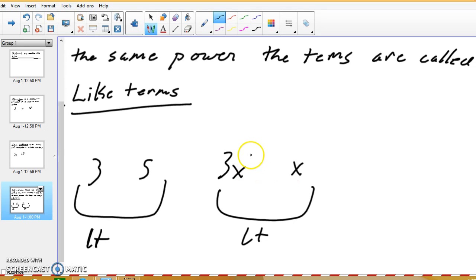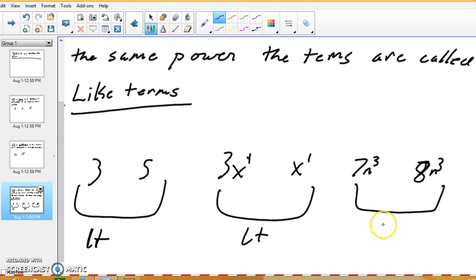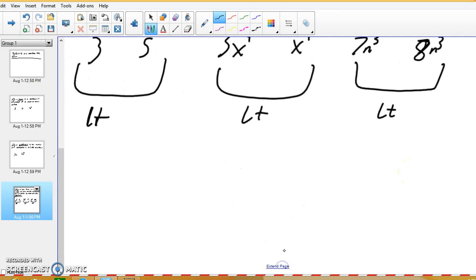Again, x is just raised to the power of 1. Another example would be 7n cubed and 8n cubed. These are like terms because they have the same variable raised to the same power.